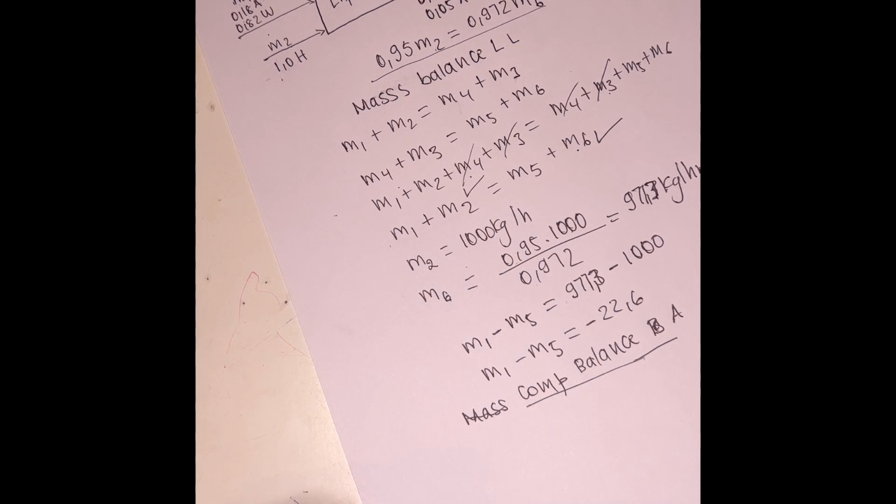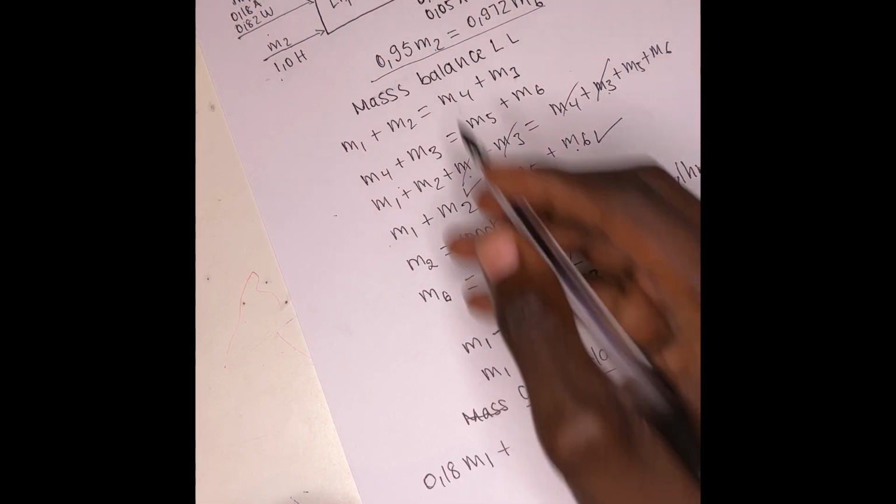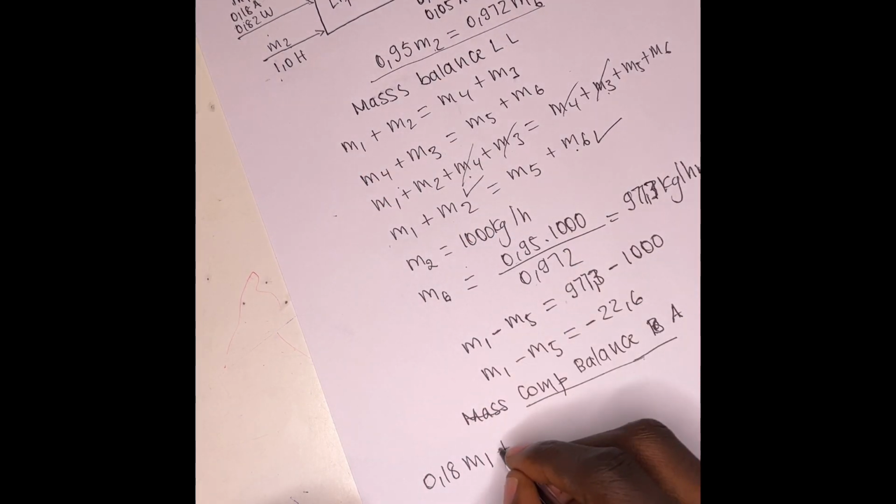So I'm going to leave this question and then you guys can solve. Let me just give you some underline because you guys have to think, right? So what you guys will do from there, you're just going to do this. If you take A, it's 0.18 M1 plus, we don't have M2, right, so we're just going to say equal.